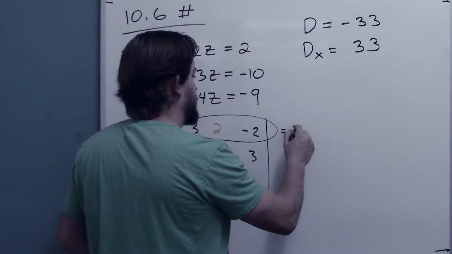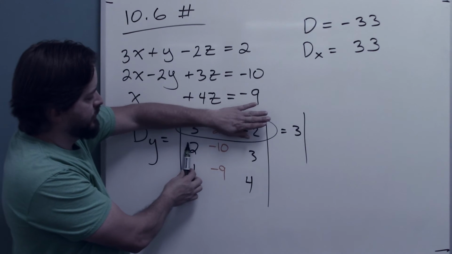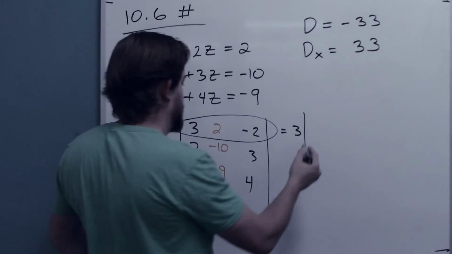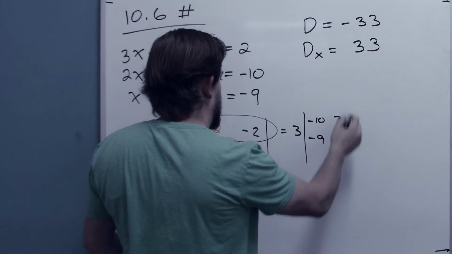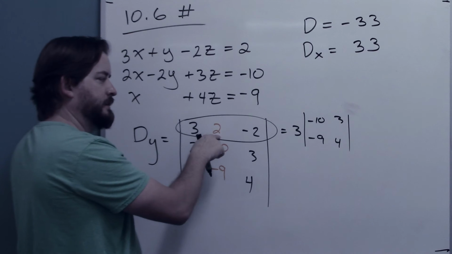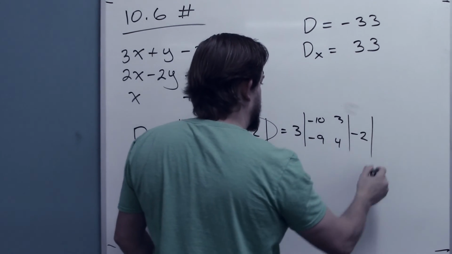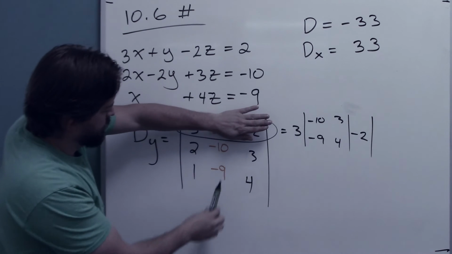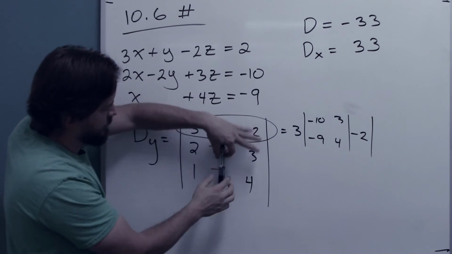So here I get 3 multiplied by, what's left is the negative 10, 3, negative 9, 4. Minus, the 2's in a minus spot, so minus 2 multiplied by, get rid of the row and the column, I'm left with 2, 3, 1, 4.